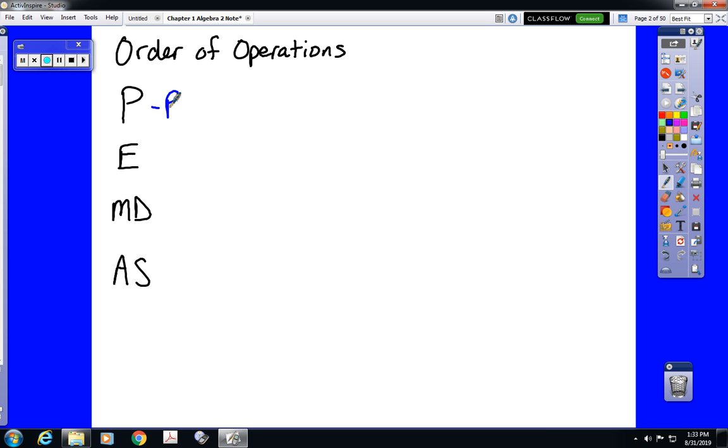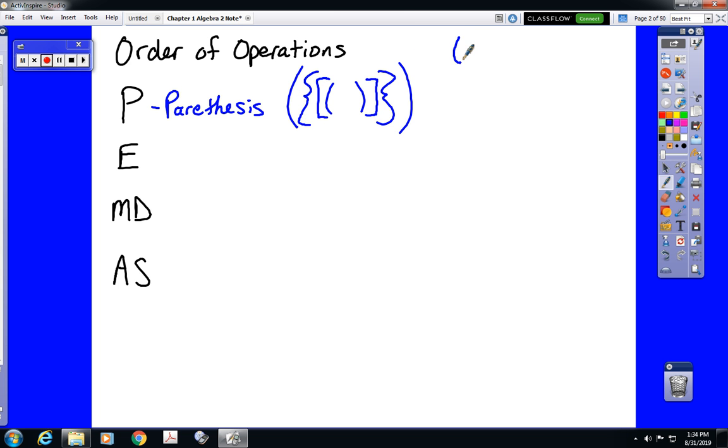P stands for parentheses. We're going to start with parentheses. We will start at the inside and work our way out. There are 3 types of parentheses, and should we need to go further, we would then wrap around and continue. So we have parentheses themselves. We have brackets, which are square.